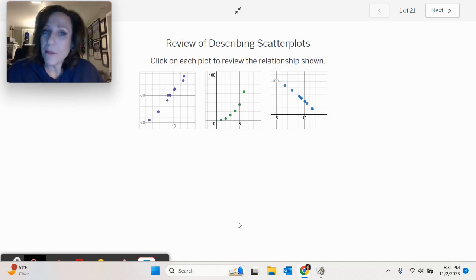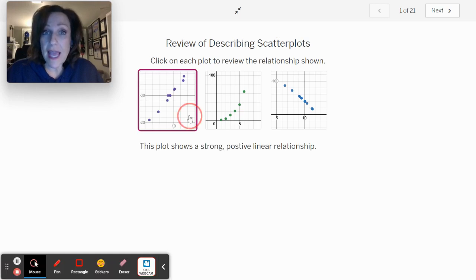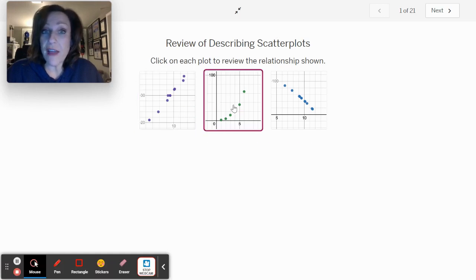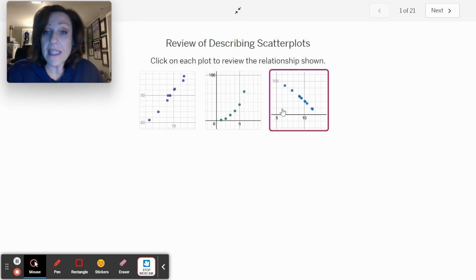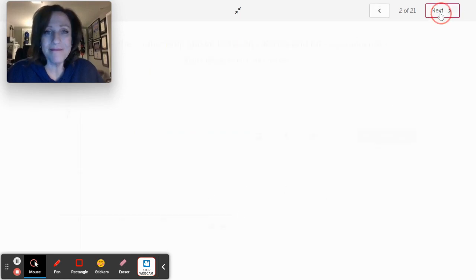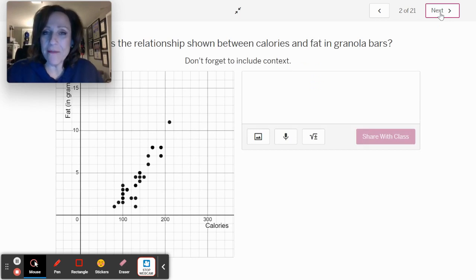At the beginning, you're just going to be doing a review of describing the scatter plots. So go ahead and click on each one of these, or think to yourself how you would describe it, and then click on it to see if you were correct. I'll give you a moment to do that, and then we'll go on to the next slide.